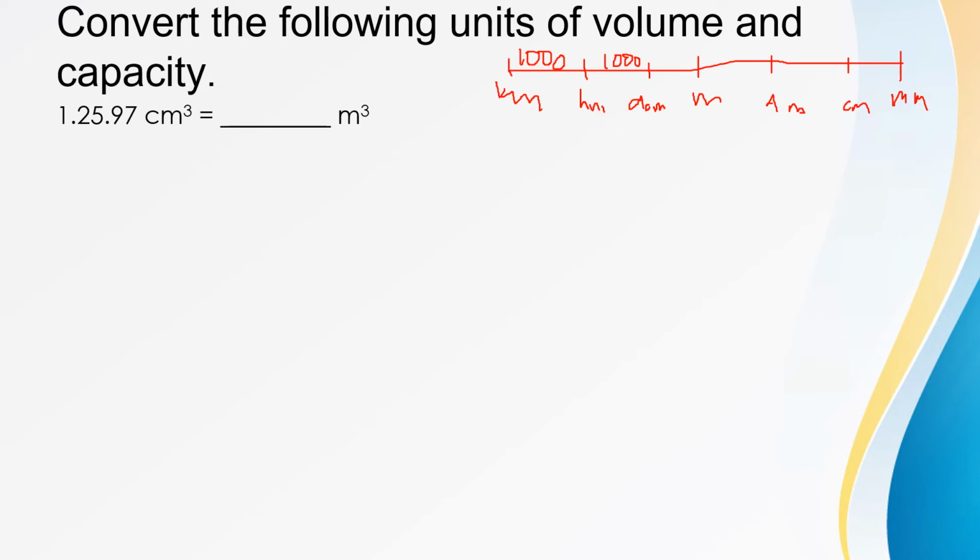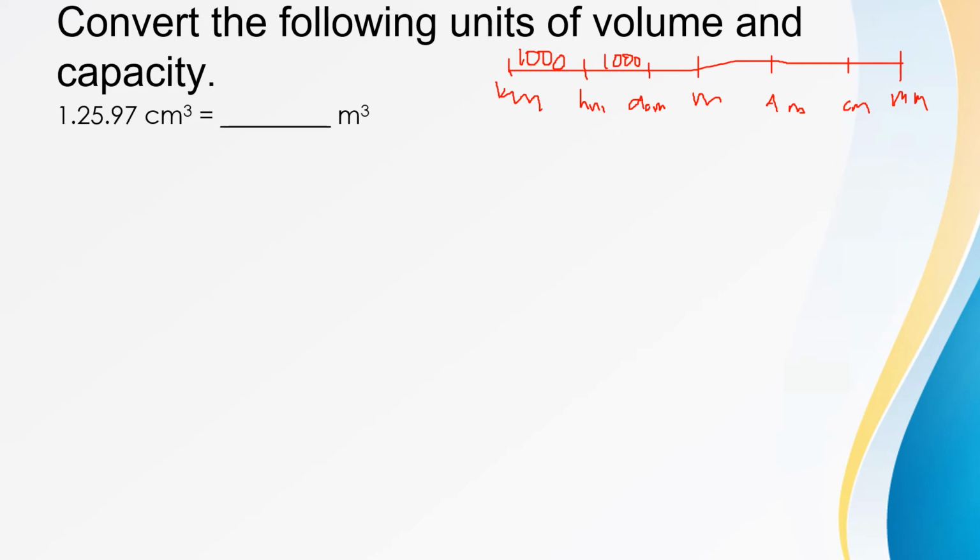Because this is cubic, no? 1 cubic kilometer is equal to 1,000 cubic hectometer, because every space is 1,000.